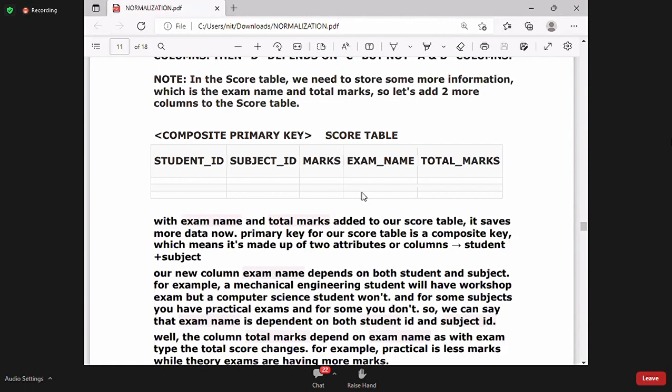Here I'm asking about total marks. Obtained marks is different. Total marks is different. First think. Obtained marks means the marks the student obtained, scoring. How much you scored? Total means... now tell me, does your total marks depend on your exams or your obtained marks?